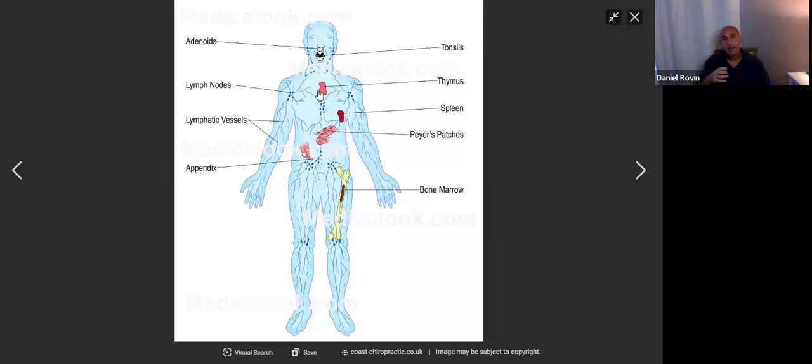Those cells that come out of the thymus gland will populate the lymph nodes of your body, and eventually the lymph nodes will be so populated that the thymus gland is no longer needed, because the lymph nodes are now able to be the place of training white blood cells. But not initially. Initially, it's the thymus gland.